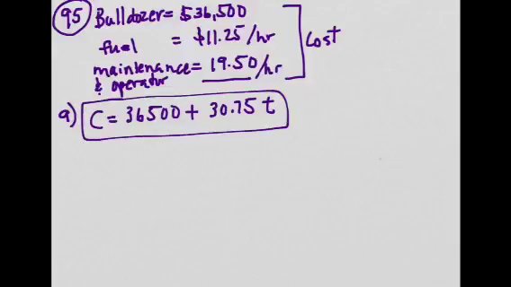For part B, assuming the customers are charged $80 per hour, write an equation for the revenue. So revenue, the customers pay $80 per hour, so the revenue is 80T.